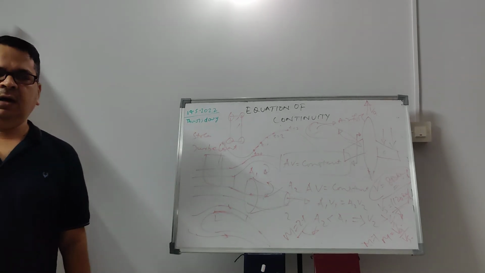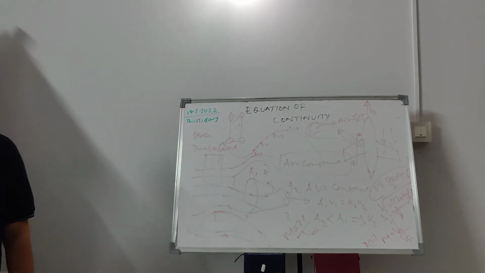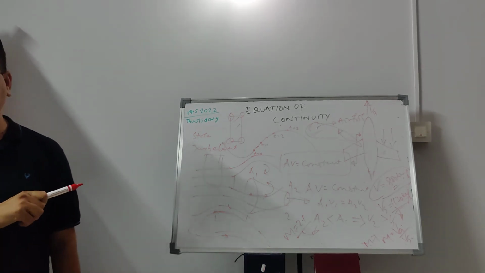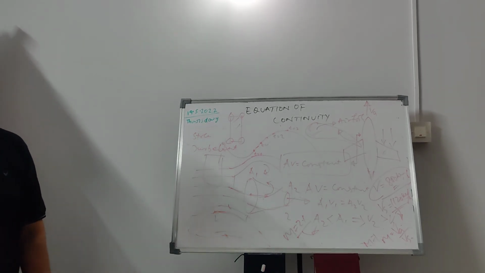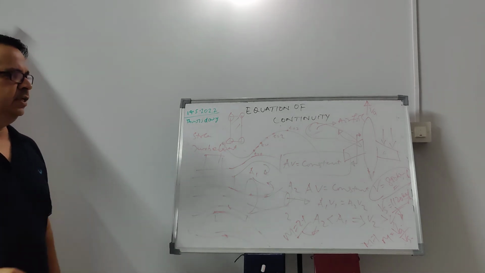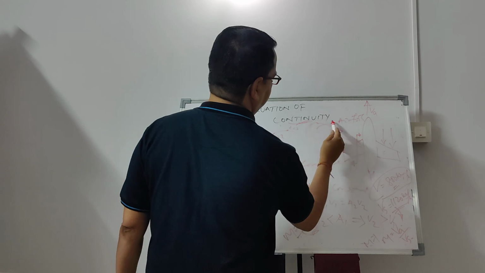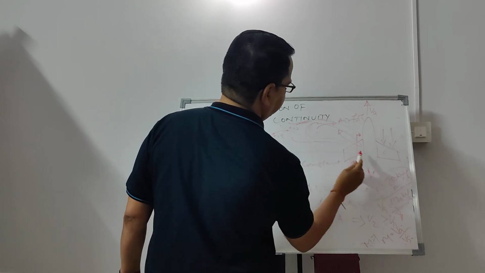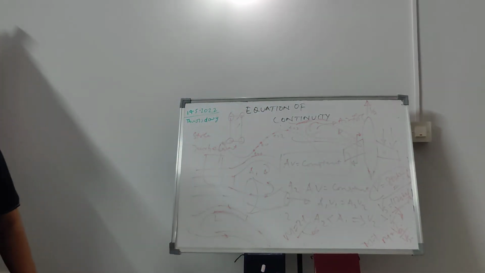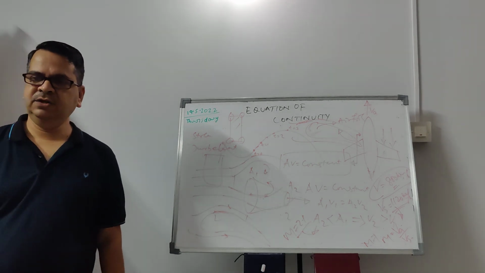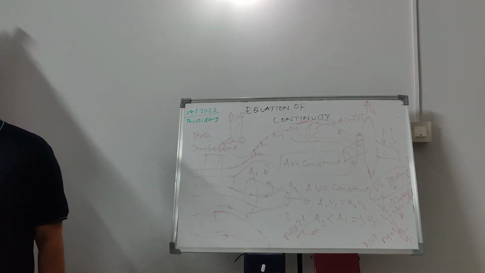A lot of research has gone into developing this cross section. It ensures that the flow remains streamlined, and if the flow is streamlined, there is no intermixing and the resistance is much less.